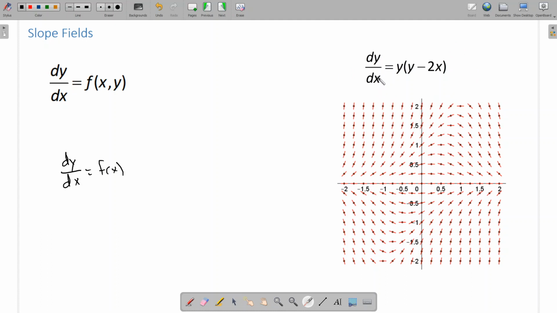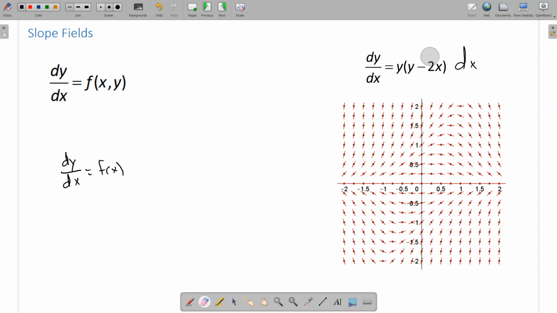We have the derivative is equal to the function times the quantity of the function minus 2 times x. So a much more complicated expression. We can't simply solve this by integrating both sides, because this would need to be integrated with respect to x, and there's no way to do that with a y here, because y is actually a function of x.